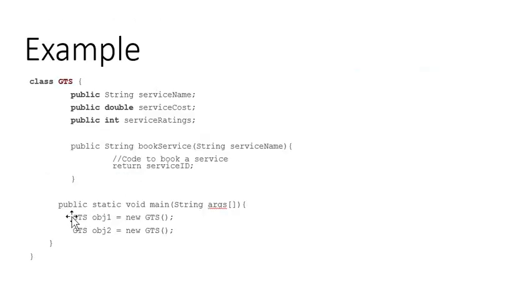So here you have obj1. Now if I use obj1 and set the service name, then only that particular object would be impacted for that particular variable.